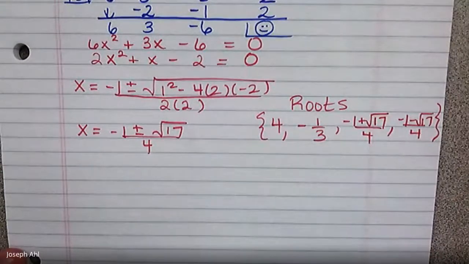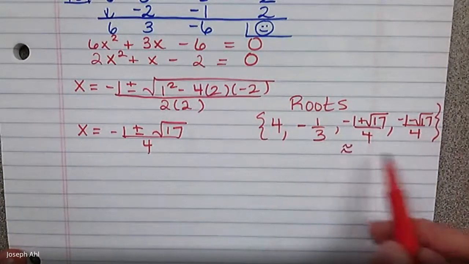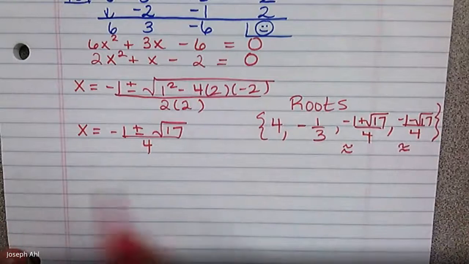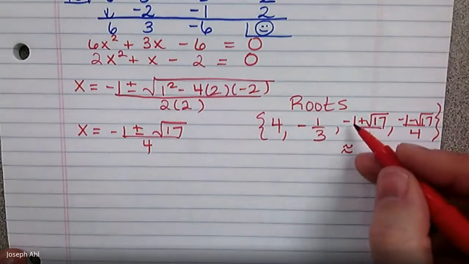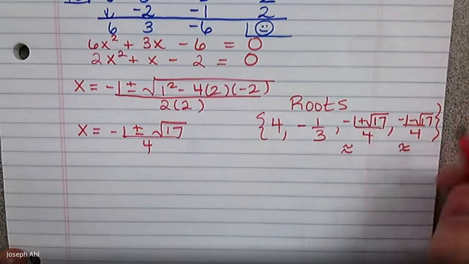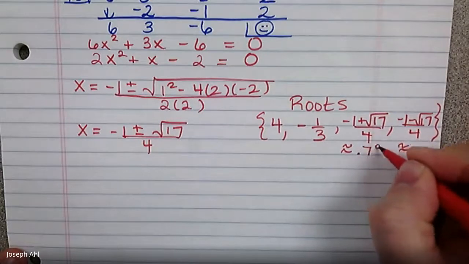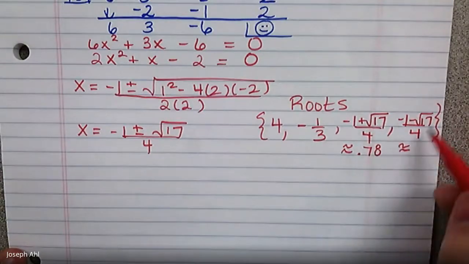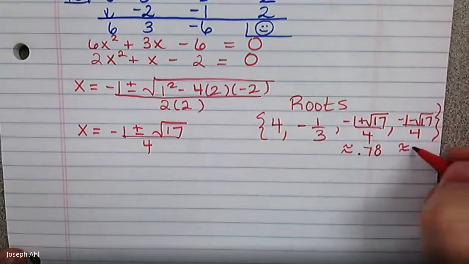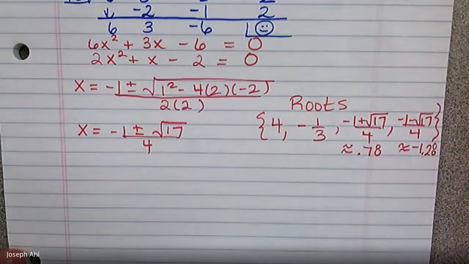If I were to have us make a graph of this, knowing the decimal approximations might be nice here, so that this root at -1 plus radical 17 over 4 is about 0.78. And then -1 minus the radical 17 over 4 is -1.28.